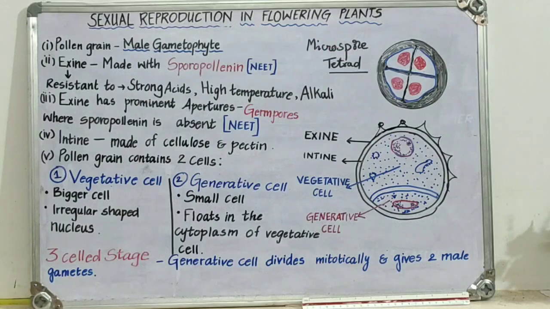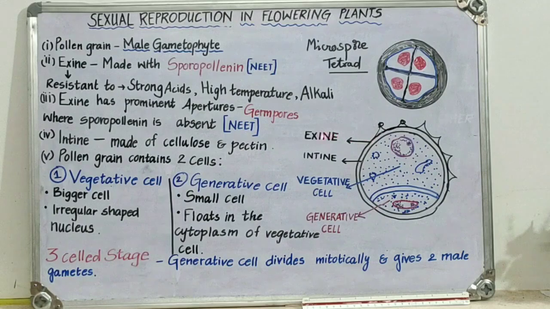From which part does it come? Sporogenous tissue is there, no? Each cell is capable of giving rise to a microspore tetrad. That is why it is in tetrad condition, and the pollen grain is considered the male gametophyte.